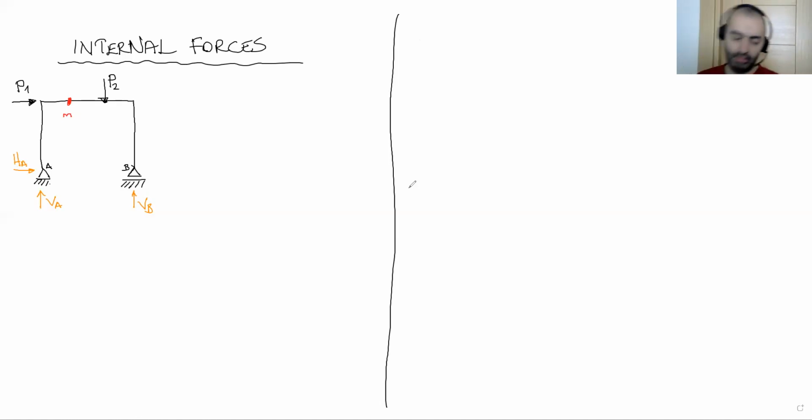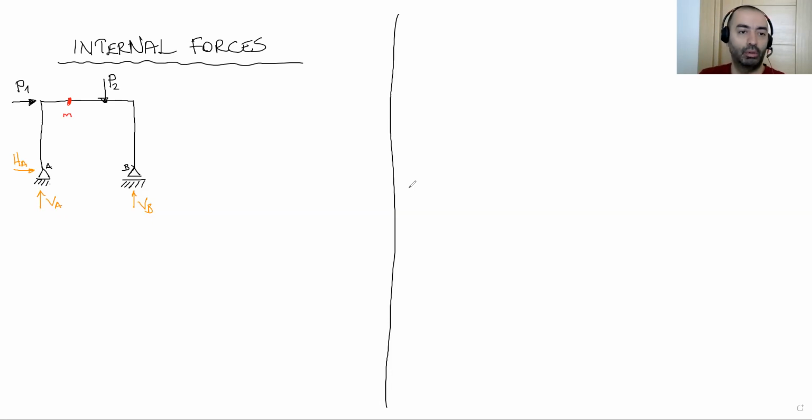Actually, internal forces means under this external loading, there will be some change on the structural system. There will be some external resistance, which makes some internal resistance, which makes some internal forces inside these columns and beams. So we are going to calculate these internal forces.